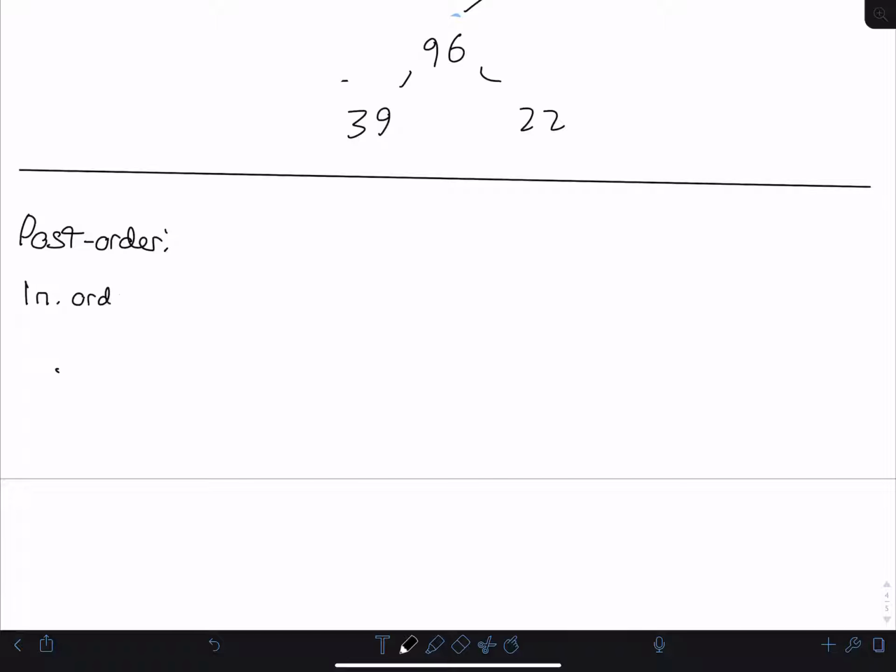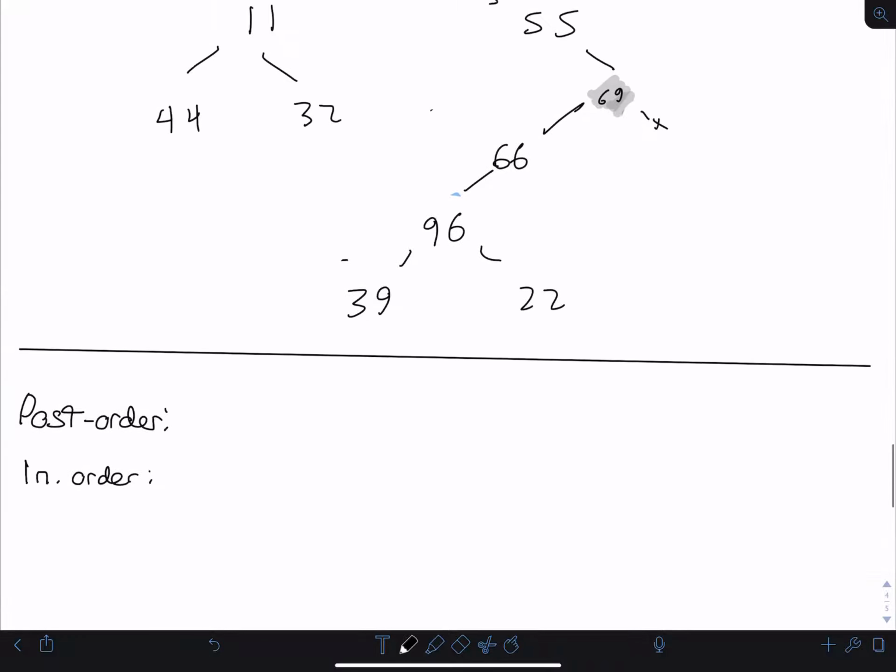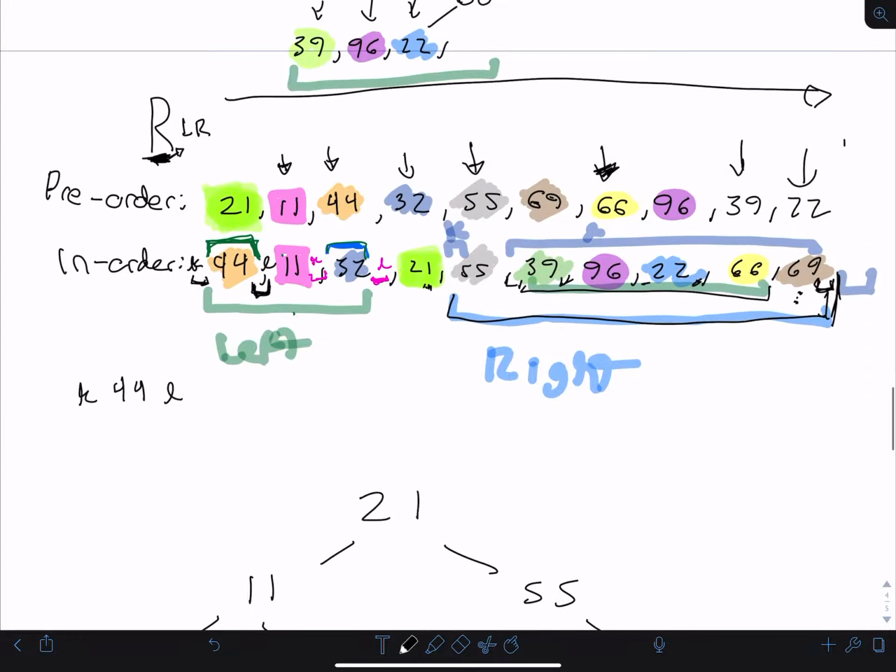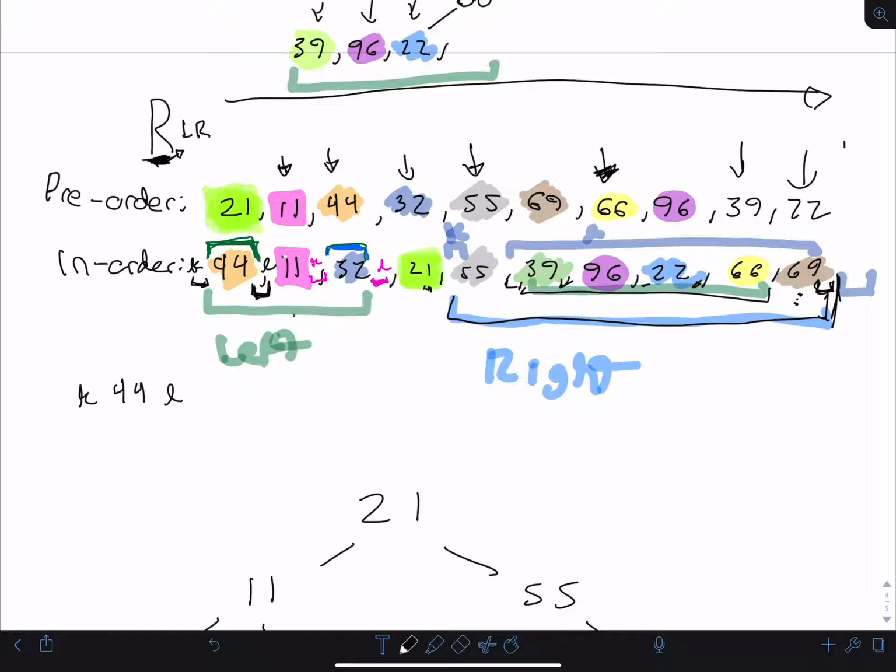What's the time complexity of something like this? Each of these runs n time, right? Pre-order goes n time, and then for each of the inserts, log n. So n squared log n?